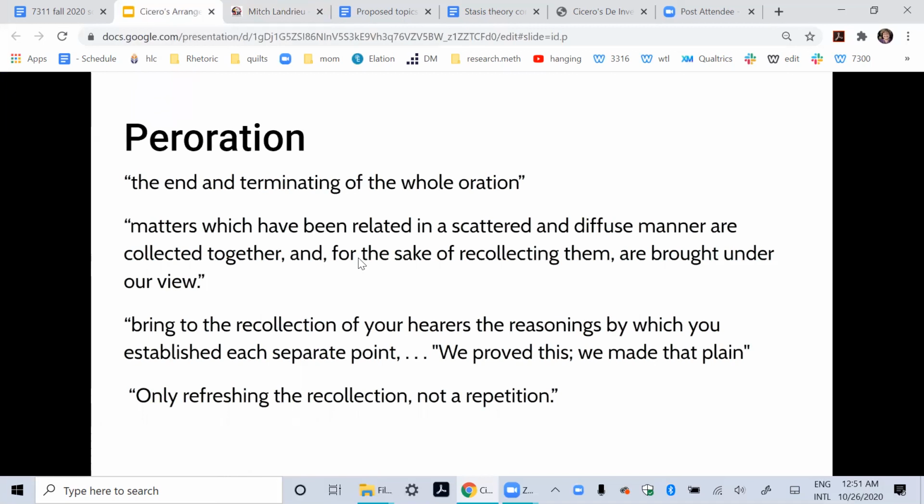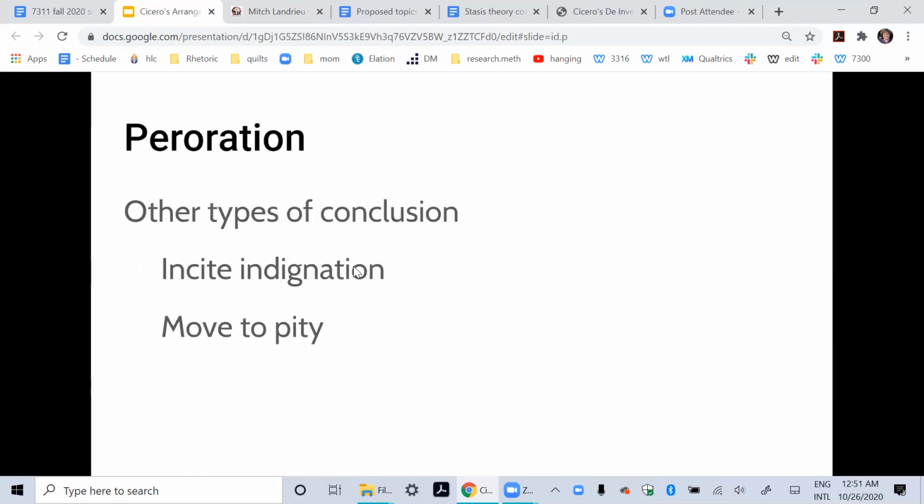He explicitly says, let me restate my point. And he definitely is using emotional, pathetic appeals towards the end to kind of make everybody feel strongly that this expresses our values.